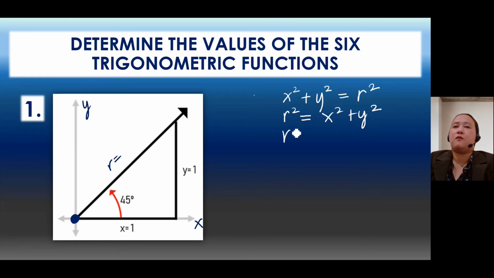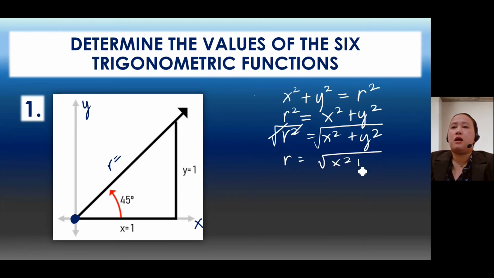And for us to get rid of the square here, we can extract the square root, same with our discussion before. So we have r equals square root of x squared plus y squared. And remember, we cannot cancel the square on the right side because we do have the operation addition.